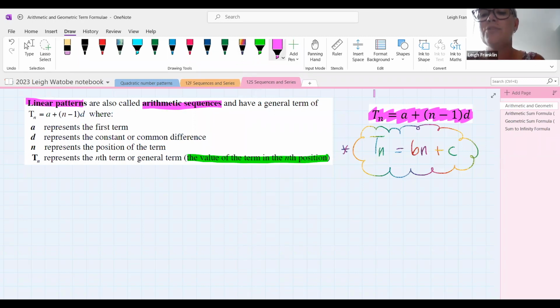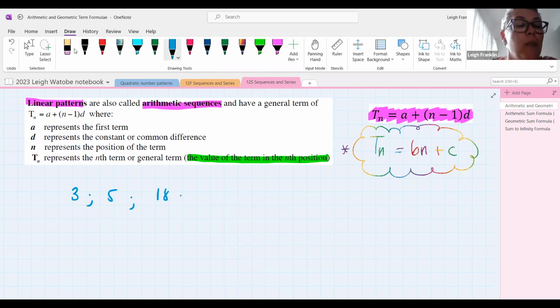Some of you may have been introduced to it before, but really speaking, it's only something that we should be given in matric. So where does this come from? Very quickly, imagine we have a pattern that goes 3, 5, 8, oh sorry, 3, 5, let's make it a little bit more exciting than that.